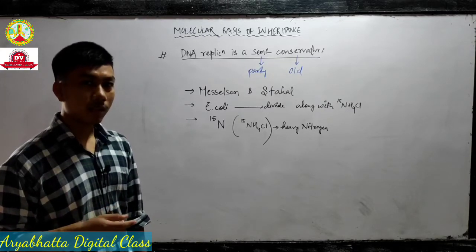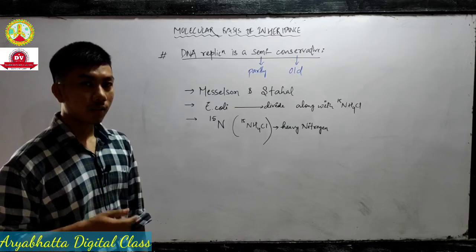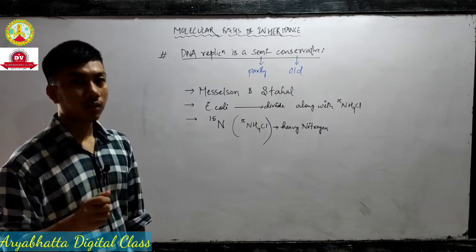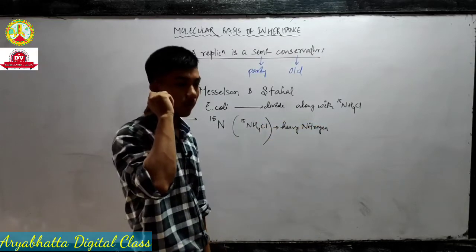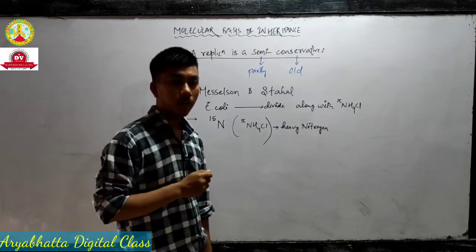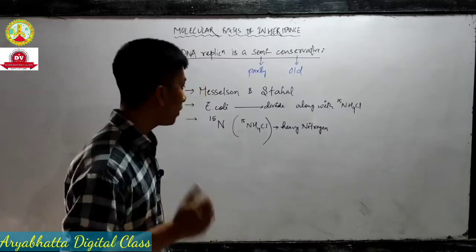So of course when DNA contains heavy nitrogen, all the DNA of the bacteria will have heavy nitrogen.